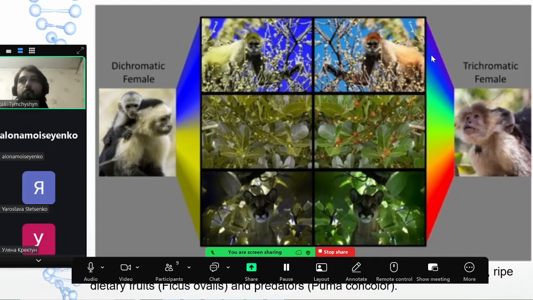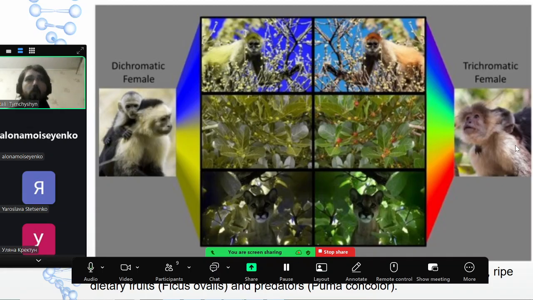If you have a monkey that is trichromate, but it contains only one of the genes on the X chromosome, it may happen that, first of all, the males in the population will be, let's say, color blind. They have only one X chromosome, so they don't stand a chance of having three different proteins.